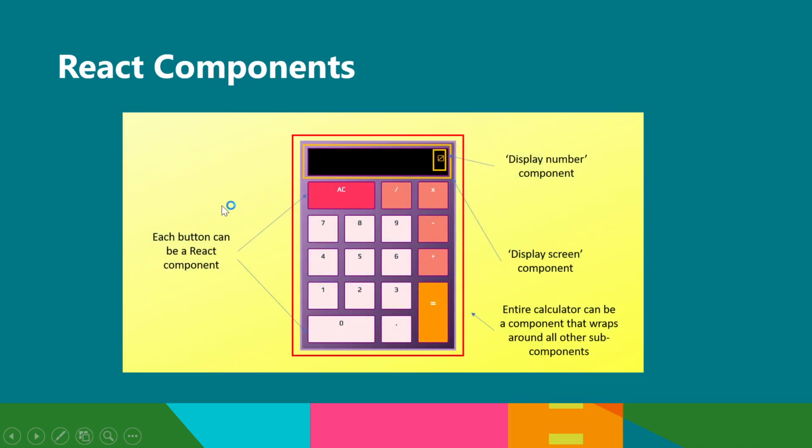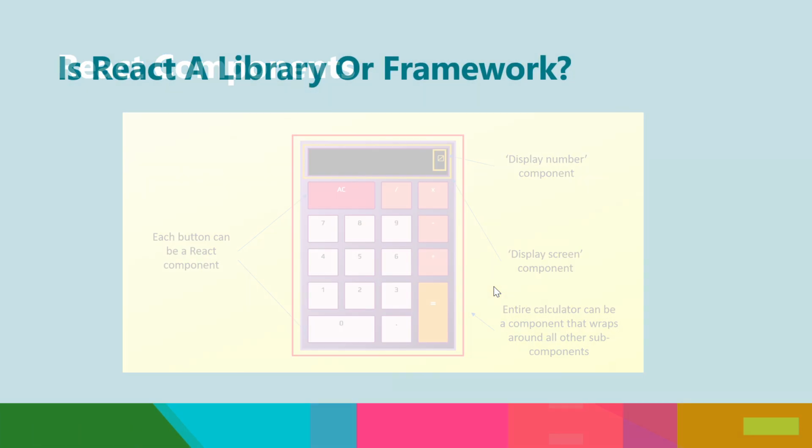Take React components in a calculator, which we are all familiar with. In a calculator, each button is an individual component of React. Displaying a number is also a component. Displaying the screen is also a component. The entire calculator can be a component that wraps around all the other components.